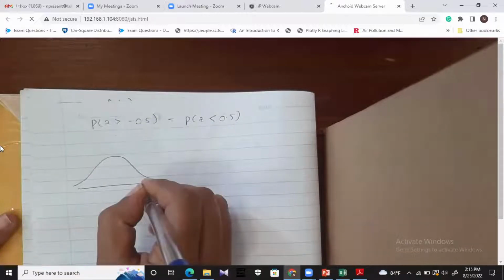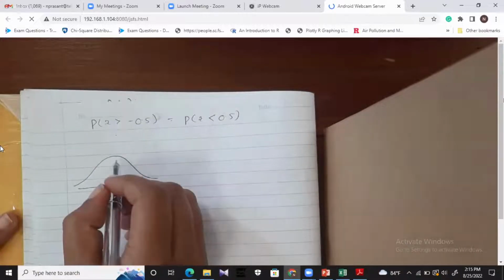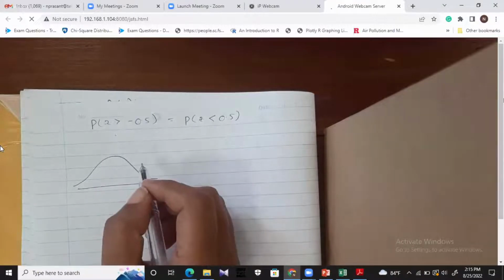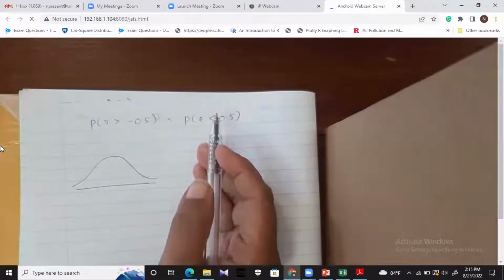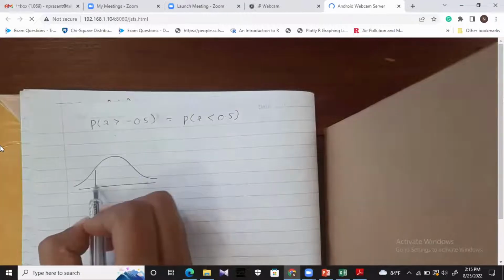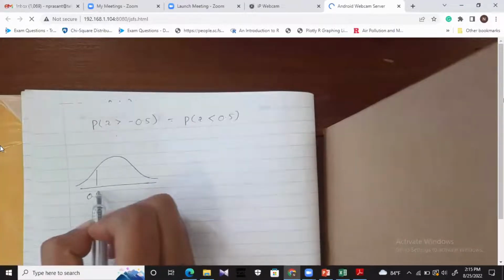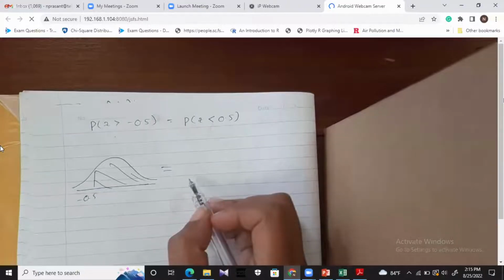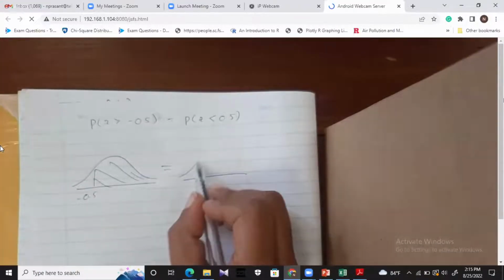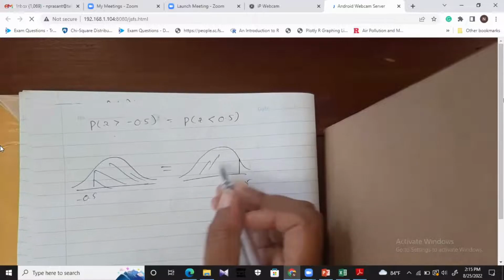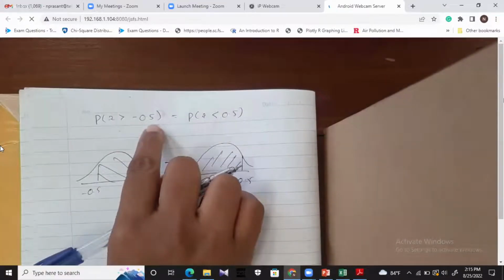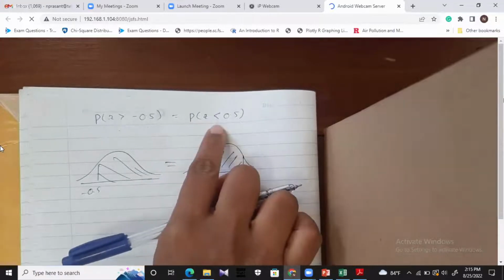Why? It is because of the symmetry of the distribution. This is minus 0.5. This is similar to this probability because of symmetry. Therefore, Z greater than minus 0.5 can be written as P of Z less than 0.5.